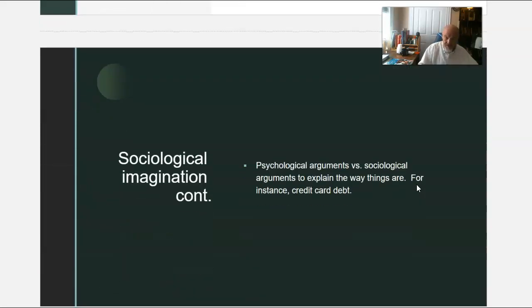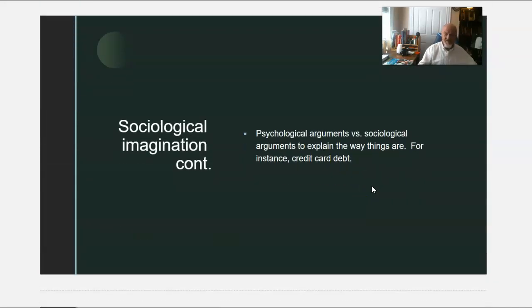Okay? So, a psychological argument versus a sociological argument explains why things are the way they are. If we look, for example, at credit card debt, a psychological examination would look at your motivations, your lack of locus of control, maybe impulse control. The assumption would be you're impulsive.